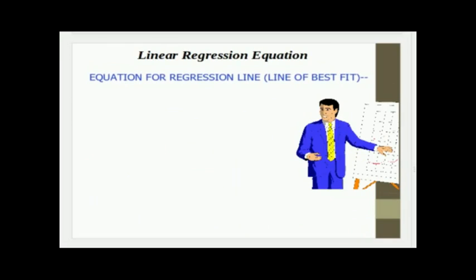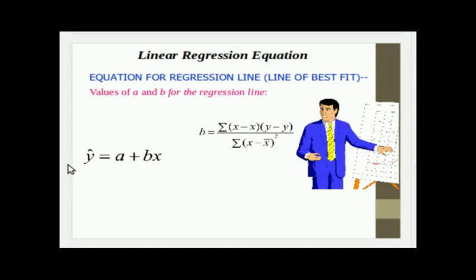If you recall from elementary algebra the equation for a line, you might also recognize it as the slope formula. The equation has the form y equals a plus bx, where y is the dependent variable, that is the variable that goes on the y-axis, and x is the independent variable that is plotted on the x-axis. b is the slope of the line and a is the y-intercept.